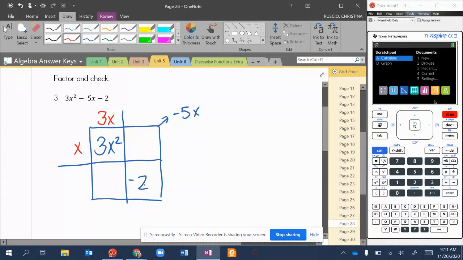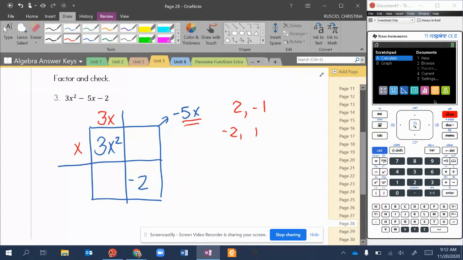Okay, now we need to find two numbers that multiply to negative 2. Notice how I'm trying to find what they multiply to first, and then this is going to come second. So my options are 2 and negative 1, or negative 2 and positive 1. And what that means I might have to do is a few different choices of switching this up.